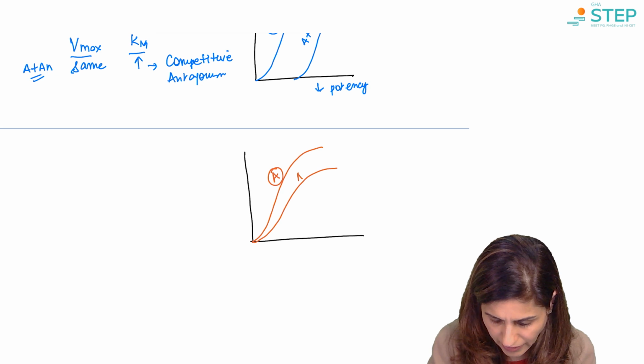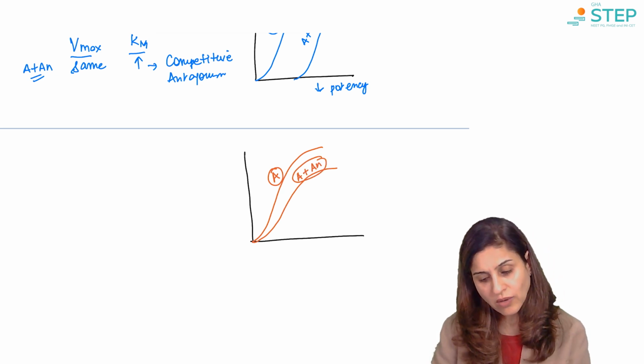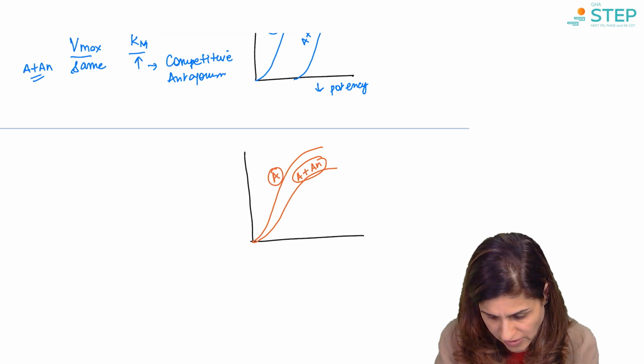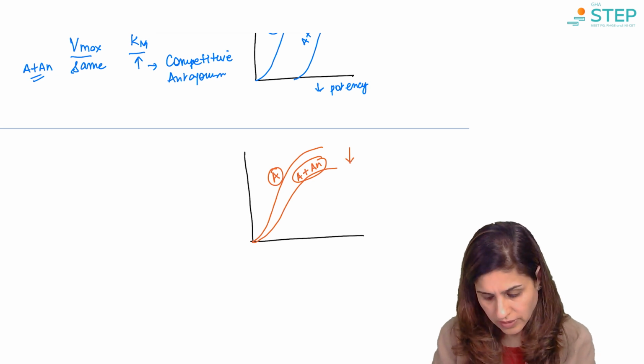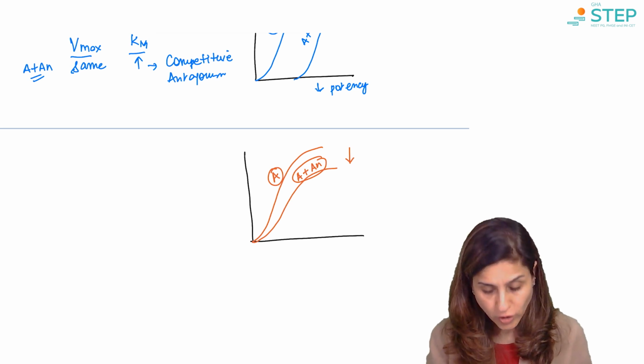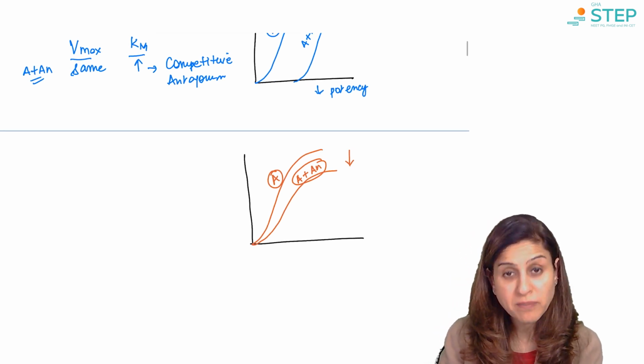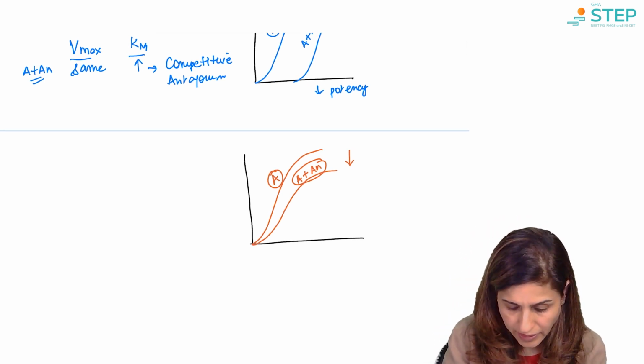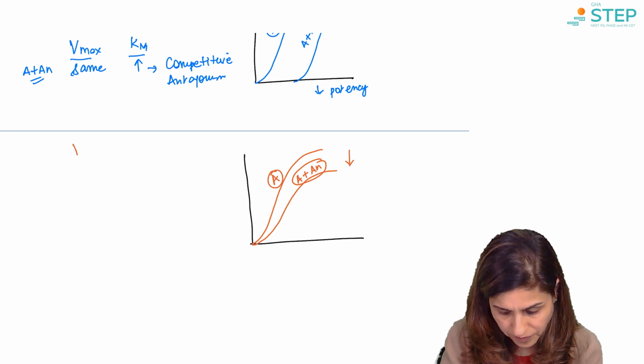So this is agonist plus antagonist. So here what is happening? The efficacy is going down, but the potency is remaining the same. And if we talk about this in terms of Vmax and Km, what is happening here to the Vmax?